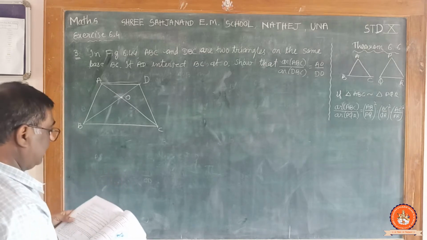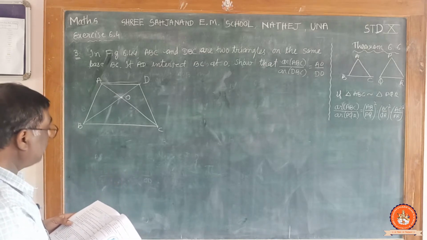ABC and DBC are two triangles on the same base BC.